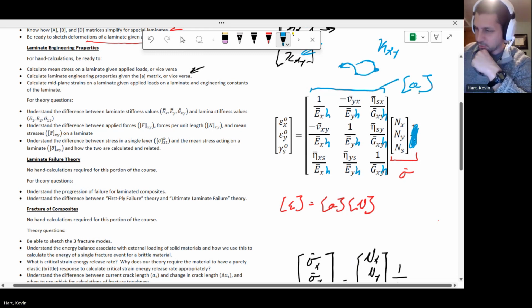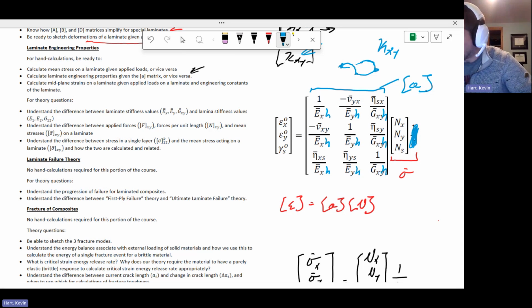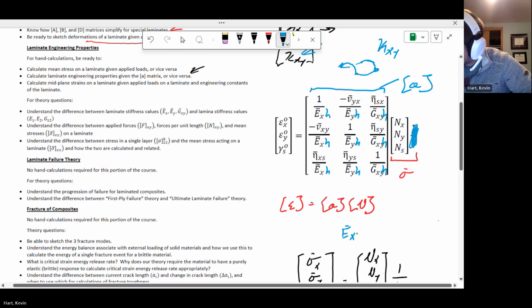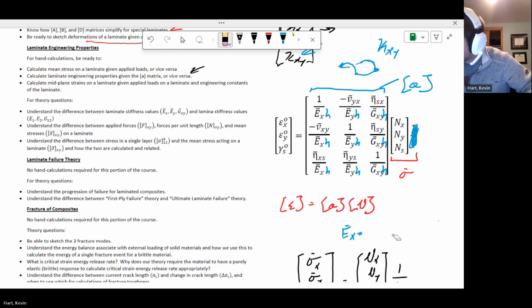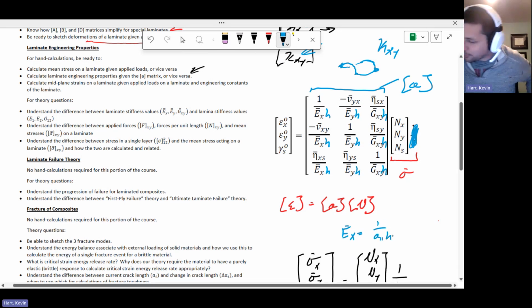Okay? So if you have the little a matrix, then you can just say the a11 entry is equal to 1 on E bar x times h. So that would mean that E bar x is equal to 1 on a11 times h. So don't forget the h.